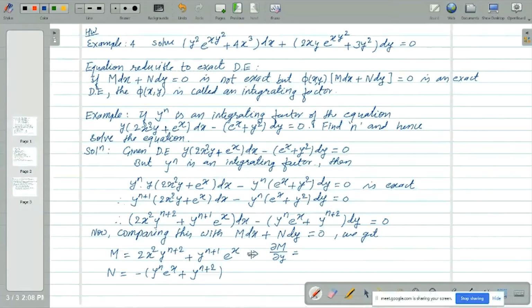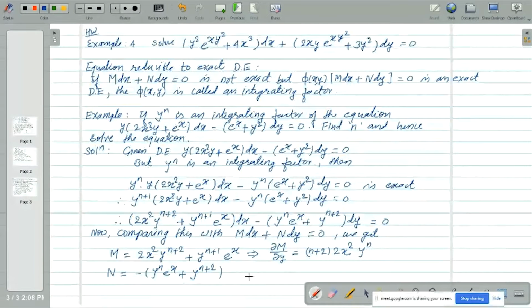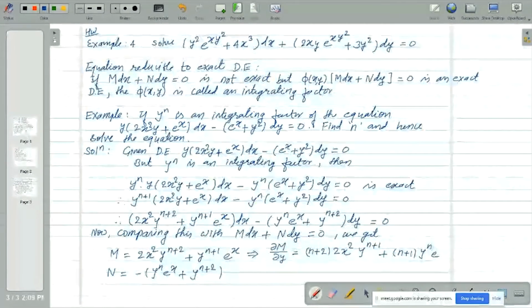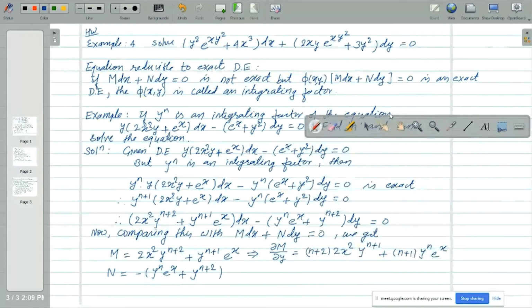This term has constant 2x squared, so this becomes (n plus 2) into 2x squared y raised to n plus 1, since one power decreases. Plus the second term, differentiating with respect to y, e raised to x is constant, so this becomes (n plus 1) y raised to n into e raised to x. You got this much? Yes, sir.